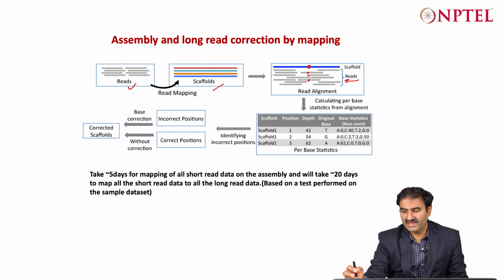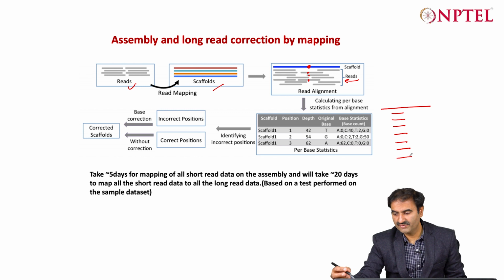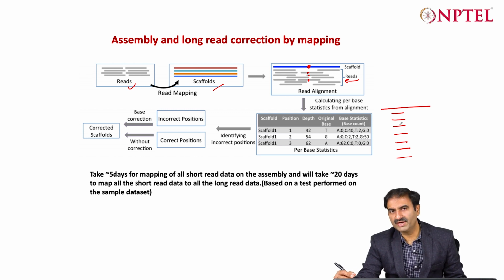So for example, this is your scaffold. When you are mapping the reads, say it is a 20x coverage, there will be almost 18 to 22 reads, depending, not exactly 20, covering each and every position and each and every base pair.